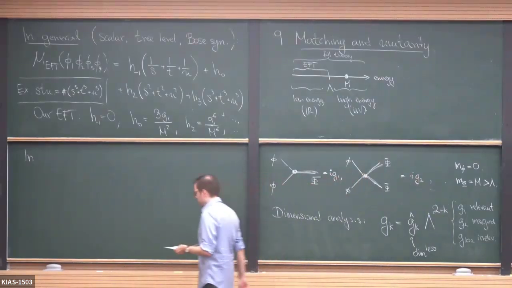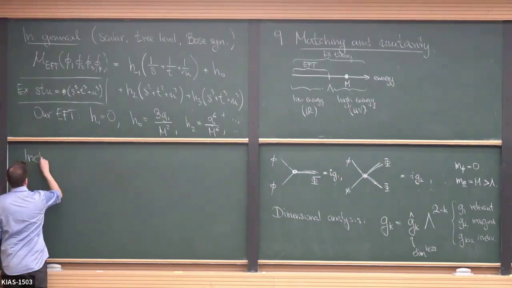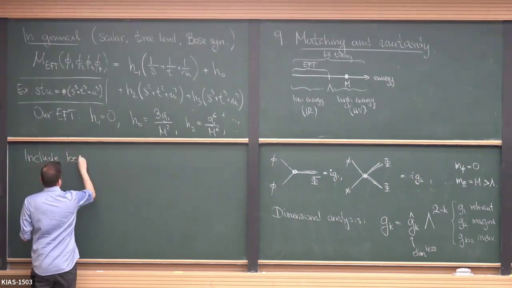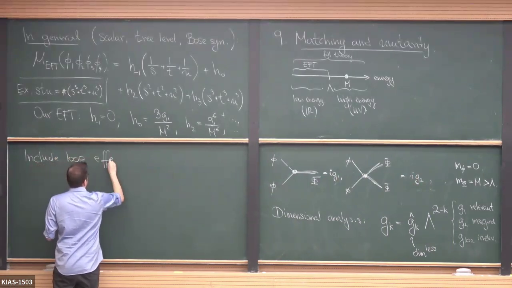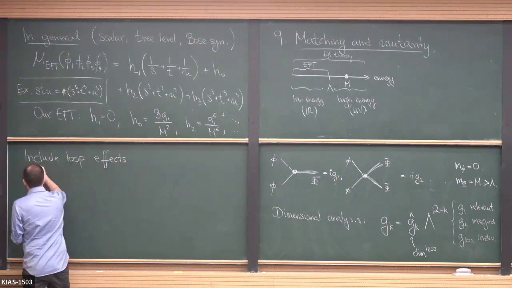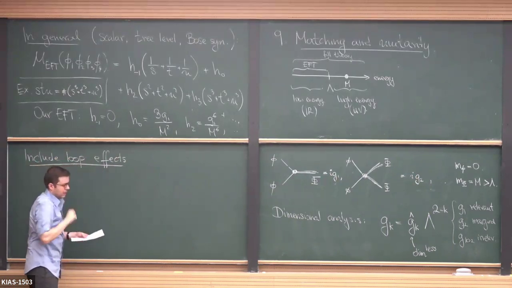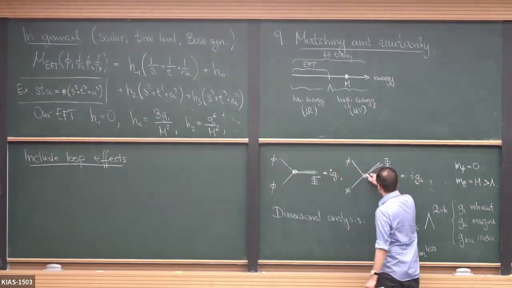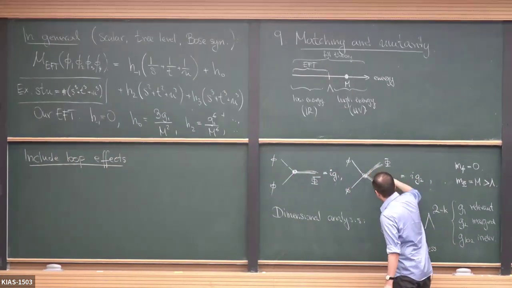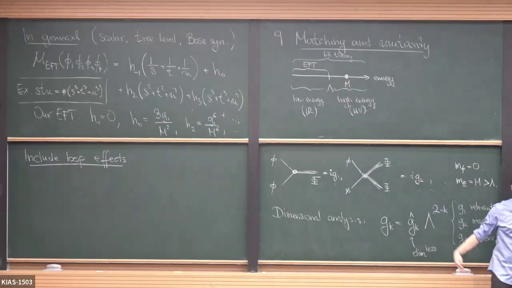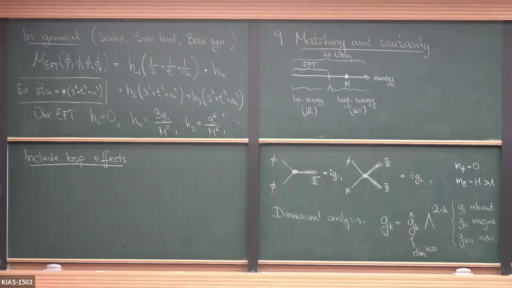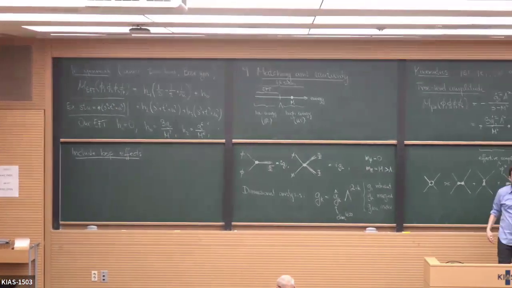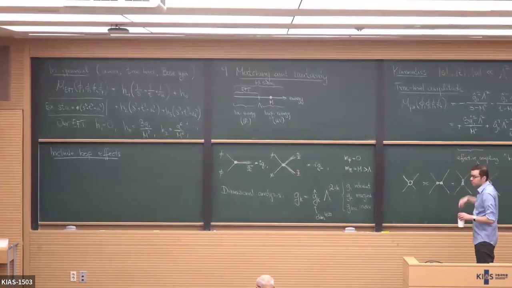Okay, so now we're going to include loop effects. There's a naive way of including loop effects, which would be just to write down all Feynman diagrams, say at one loop, that contribute to the full theory, computing those diagrams and then expanding them in this limit.